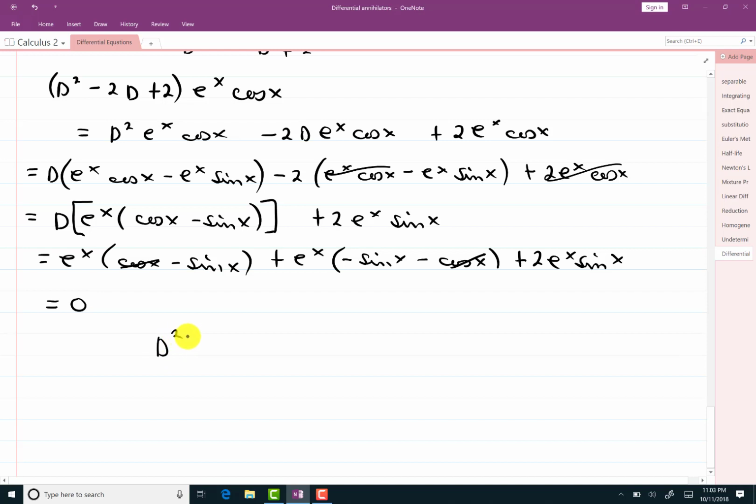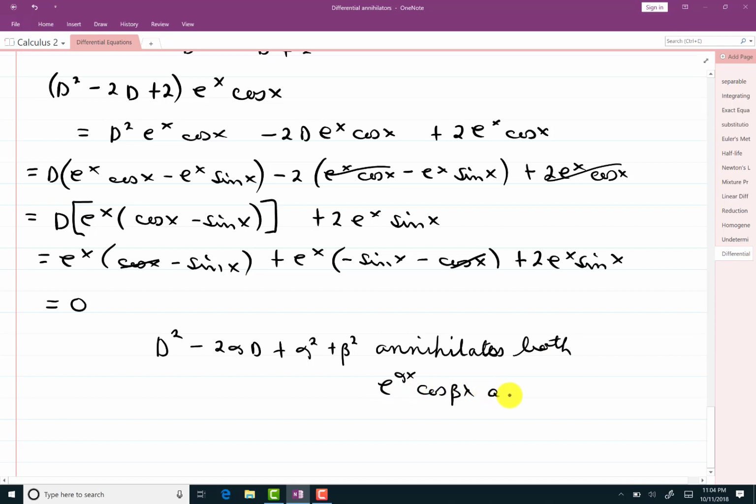D squared minus 2 alpha d plus alpha squared plus beta squared annihilates both e to the alpha x cosine of beta x and e to the alpha x sine of beta x.